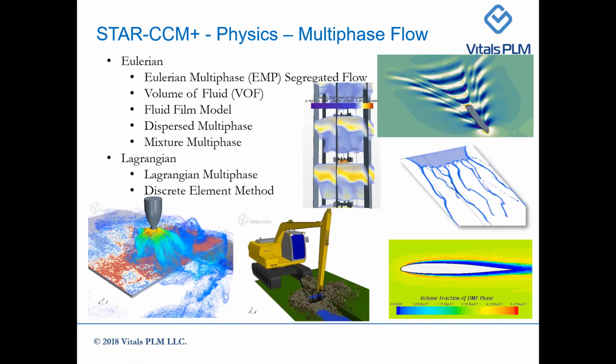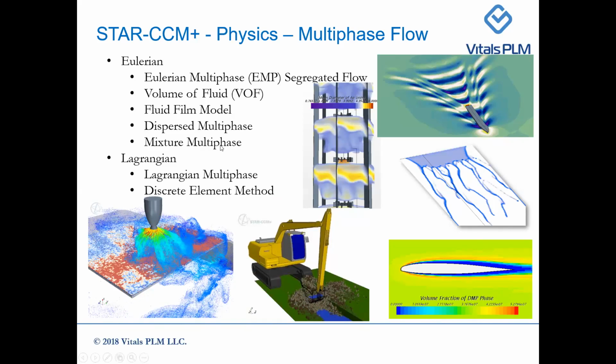VOF, the volume of fluid approach, is used to track the motion of free surfaces for immiscible fluids. The fluid film model is used for modeling a thin layer of fluid on surfaces. The dispersed multi-phase model simulates dispersed phases in an Eulerian manner. This is similar to the Lagrangian multi-phase.